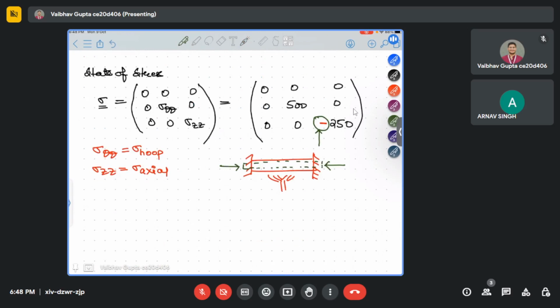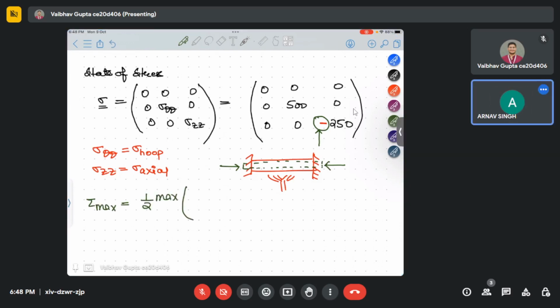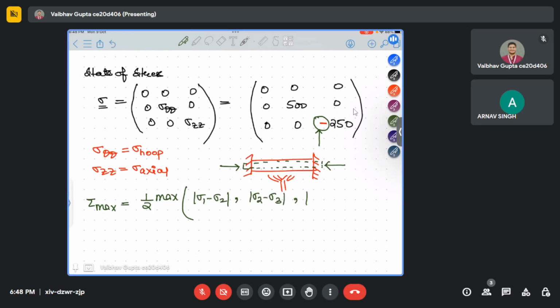So now the last part. What is the maximum shear stress? As you saw in the formula long back, tau max is half of the maximum of the absolute values of sigma 1 minus sigma 2, sigma 2 minus sigma 3, and sigma 3 minus sigma 1.